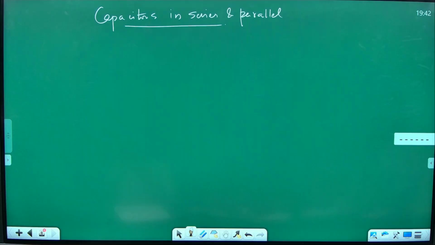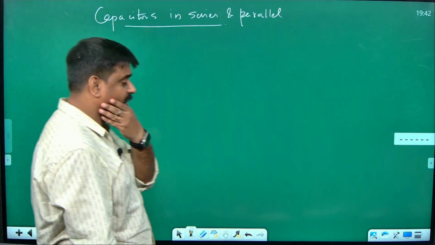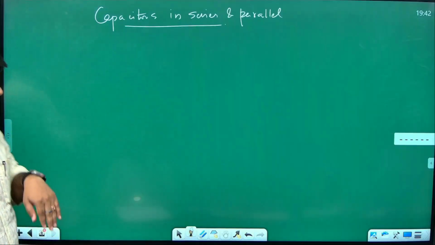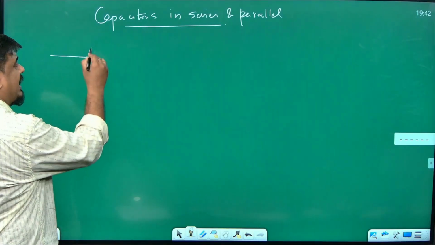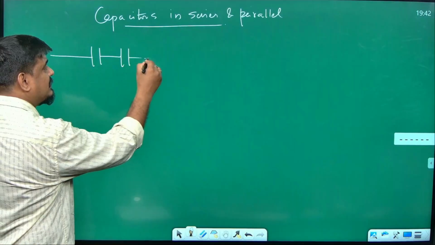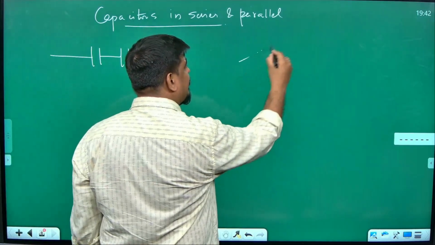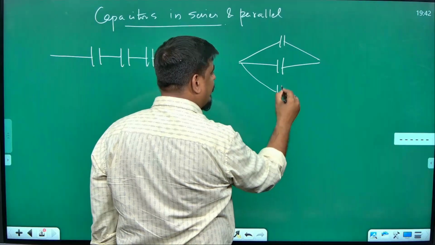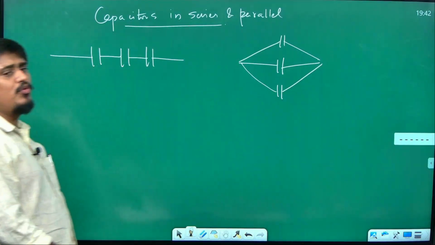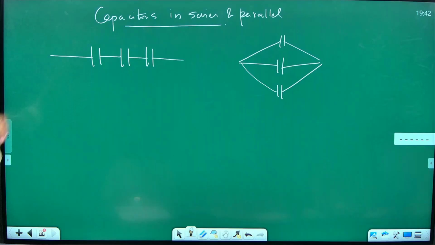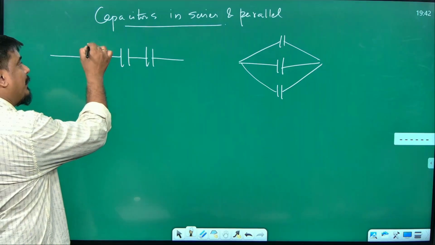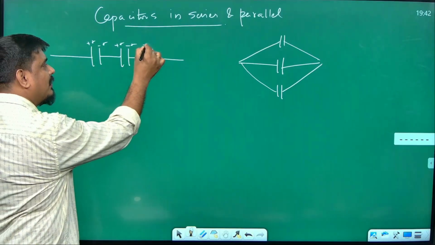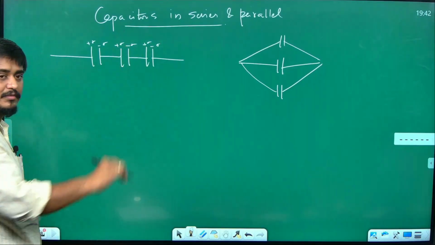Very similar to resistances as you have studied in 10th standard, capacitors can be connected in series or in parallel. You can see clearly how I am drawing. If you connect the capacitors in series, it means plus sigma, minus sigma, plus sigma, minus sigma, plus sigma, minus sigma.